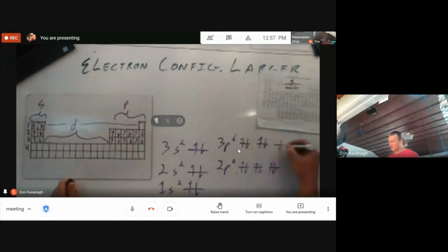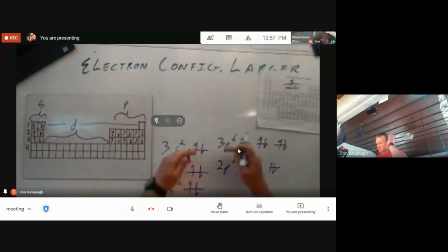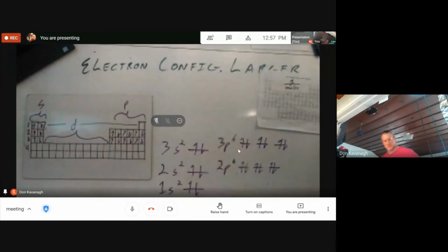And again, these electrons are getting farther away from the nucleus as they are higher in energy. 4s2. And that would be the neutral electron configuration for calcium.